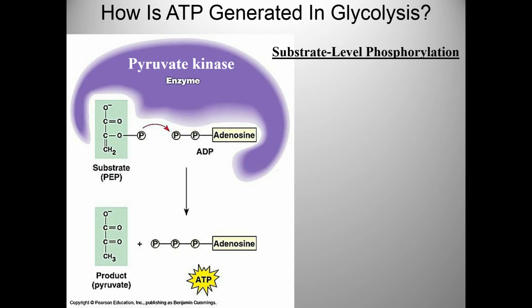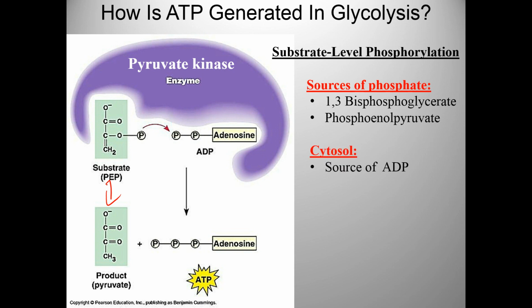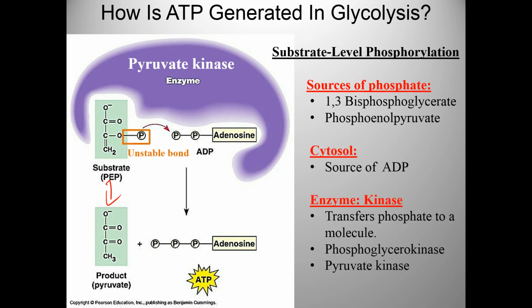Alright, to look at this a little bit more specifically, the conversion of PEP to pyruvate. You have this substrate-level phosphorylation. So here you have the phosphate group on phosphoenol pyruvate.